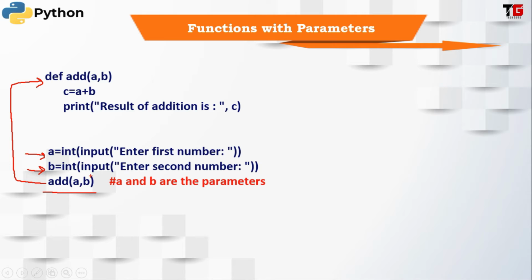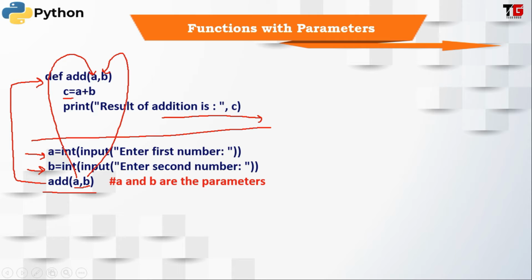In the braces I have specified a, b. These are the parameters that I am passing to this add function. So the value of a will be transferred to this a. The value of b will be transferred to this b. Then both the numbers a and b will be added. The result will be stored in c and that result will be displayed.